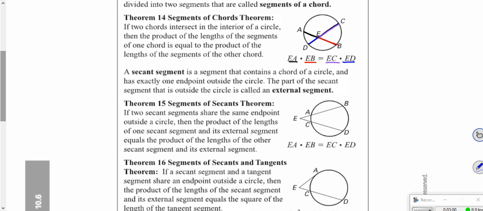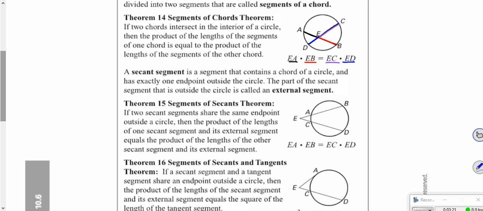So secant segment is what we're talking about here. It says a secant segment is a segment that contains a chord of a circle and has exactly one endpoint outside the circle. The part of the secant segment that is outside the circle is called an external segment.